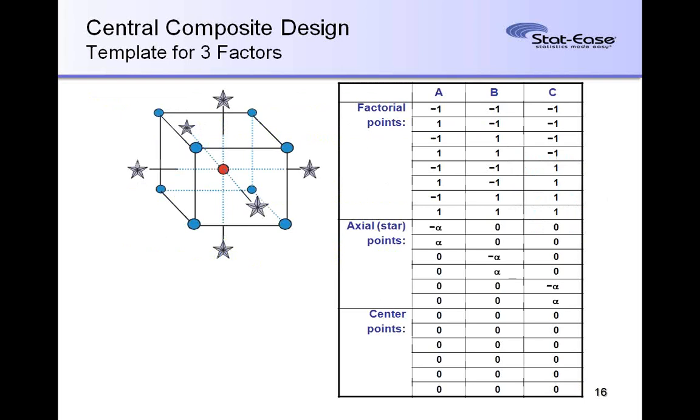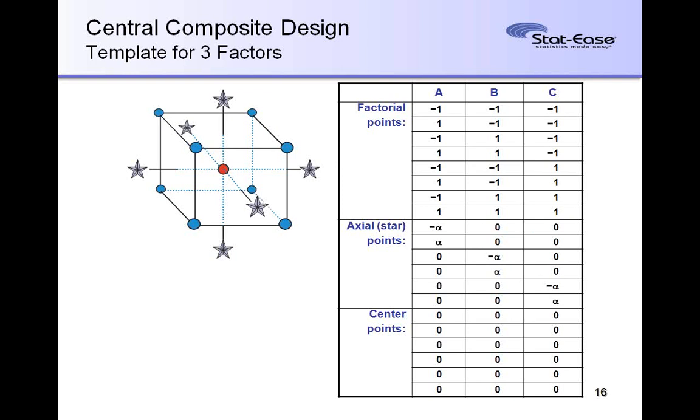Okay. So here's a little breakdown of the types of runs that you're going to use. The factorial points are ones that we're probably used to. To me as an engineer, working when I first started with these back in the early 90s, the fascinating part to me was the axial runs. These axial points or star points are stretching out from the midpoint of the design space.